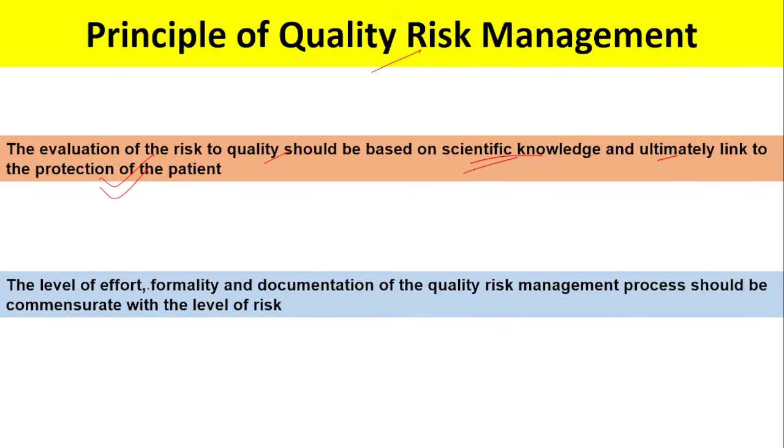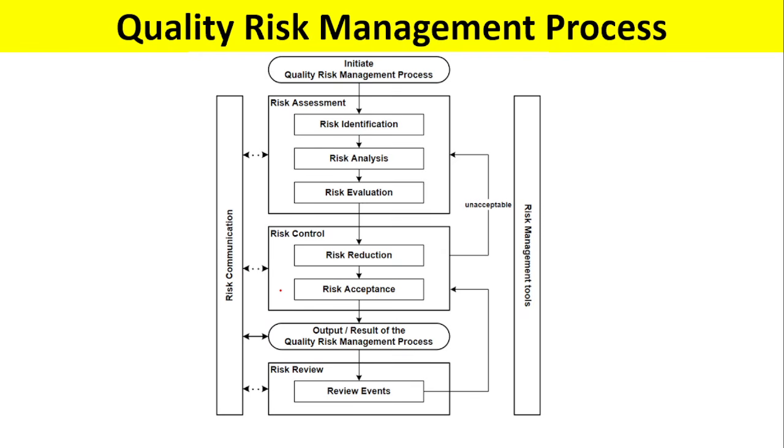That is the principle. The level of effort, formality, and documentation of the quality risk management process should be commensurate with the level of risk. So this is the principle of quality risk management.